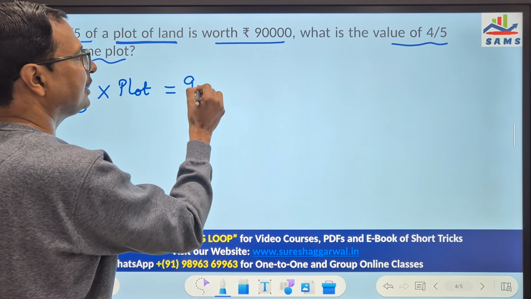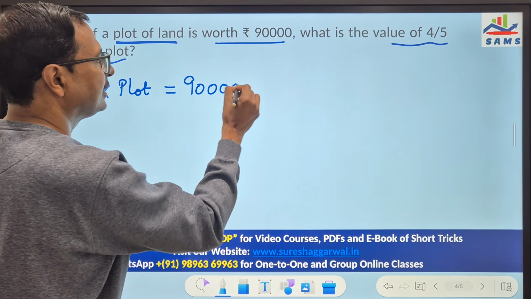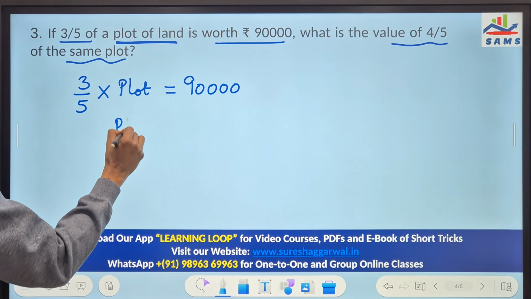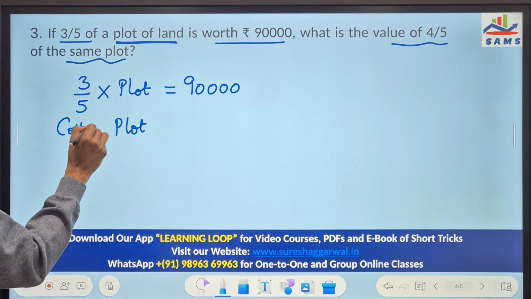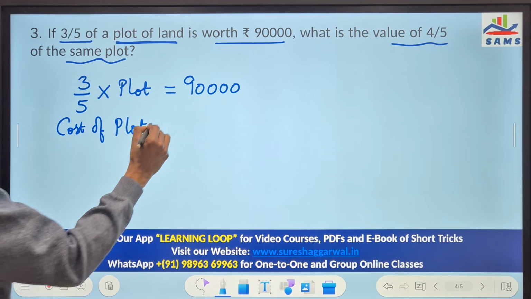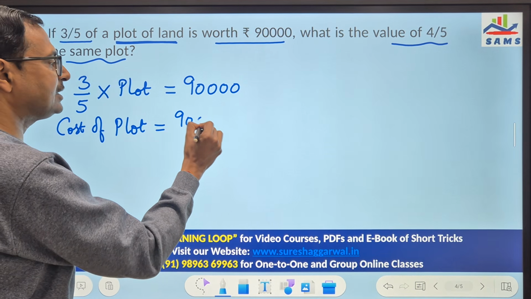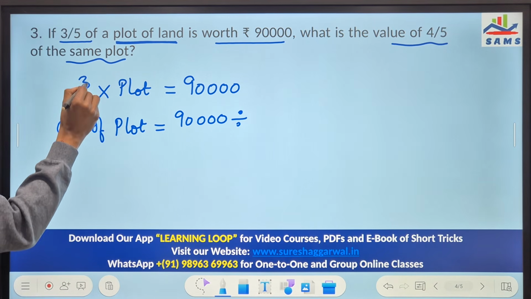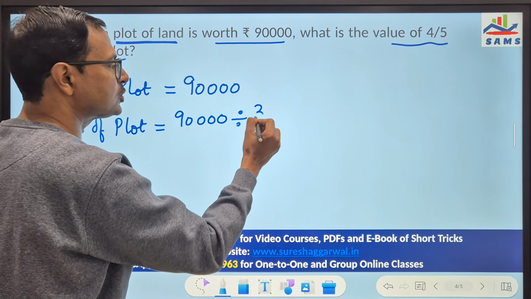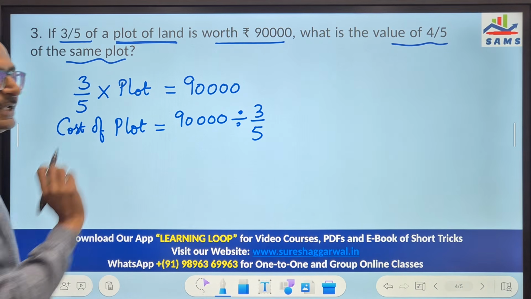So I have to write 90,000 on the right hand side, and therefore the cost of the complete plot will be 90,000 divided by this number, because it is multiplied here. So 3/5 goes to the other side and divides 90,000.